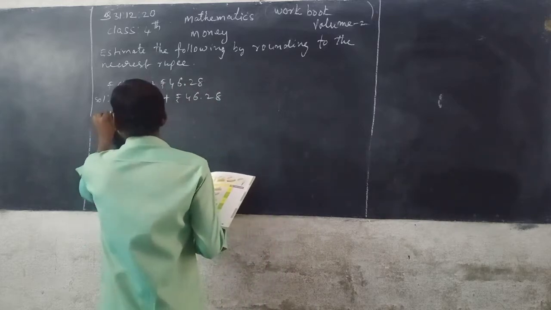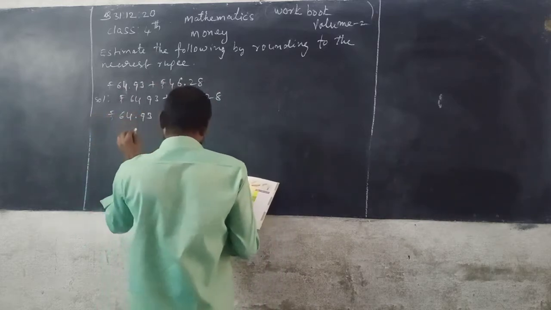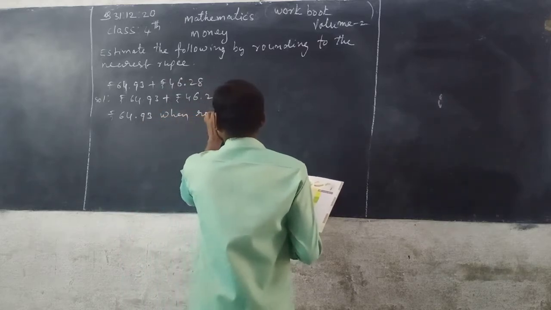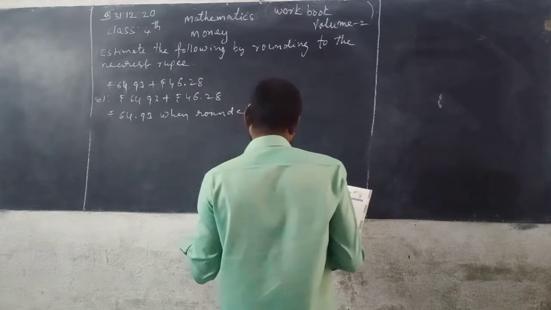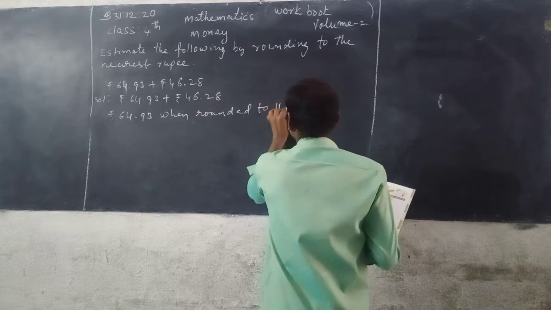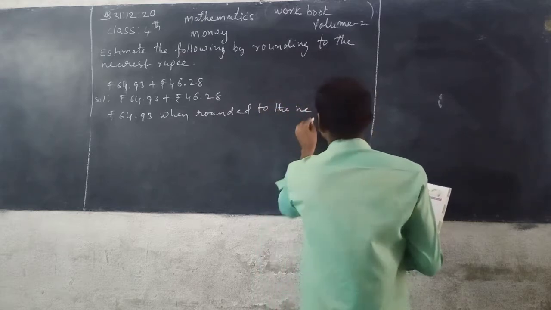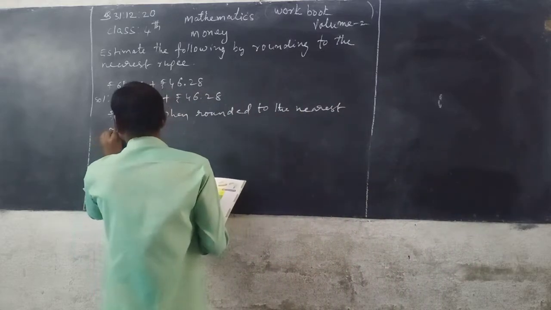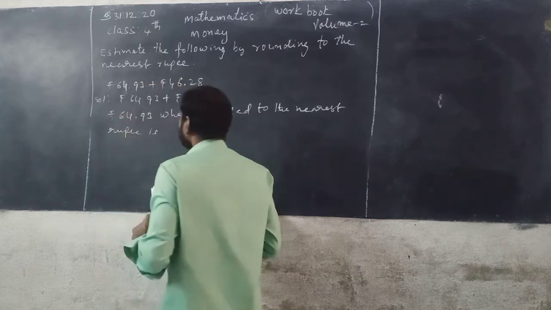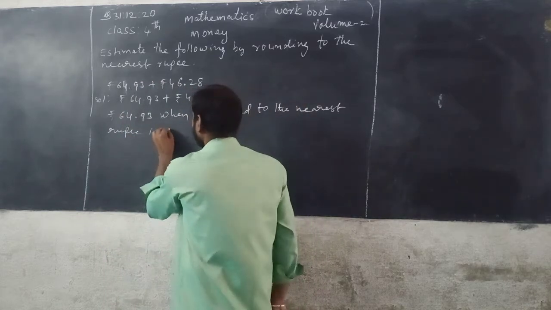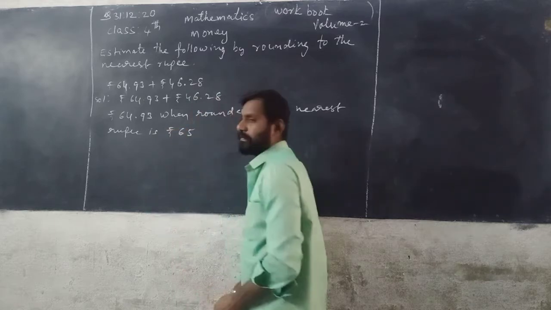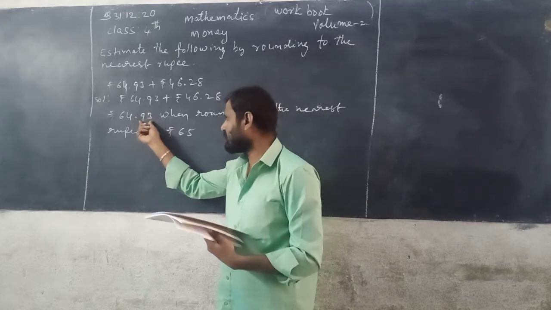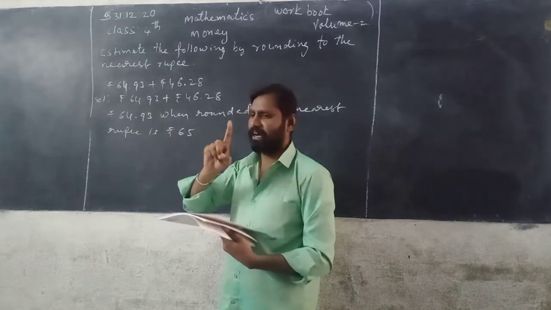Now 64 rupees 93 paise when rounded to the nearest rupee is 65 rupees, beta, because 93 paise is nearer to 1 rupee. 93 paise is more than 50 paise, so I have to take 1 rupee.